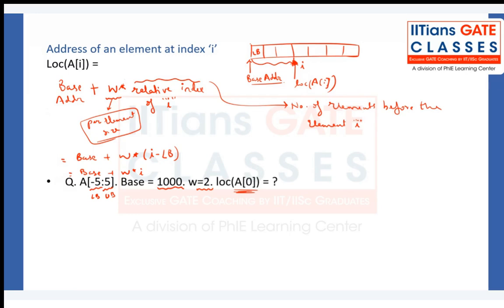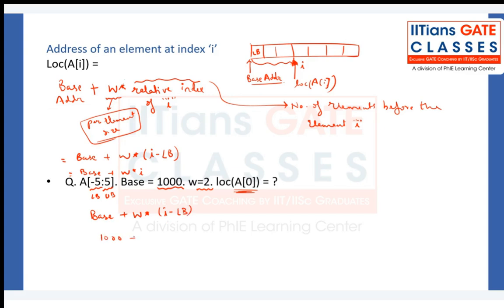I'm getting answers. Very good. And then I'll solve it concurrently. So I'll just write the formula first, which is base plus W into I minus lower bound.